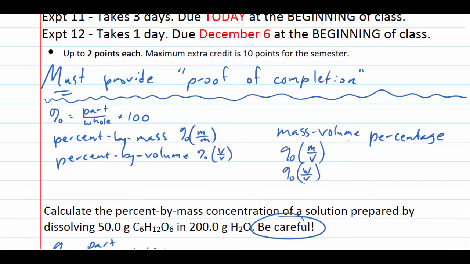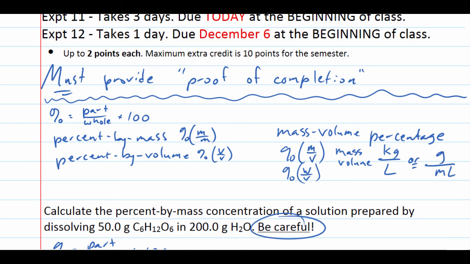With these, though, it is important that we specify the units. And in here, your masses must be in kilograms and your volumes in liters. So they must be kilograms per liter, or they must be grams per milliliter.